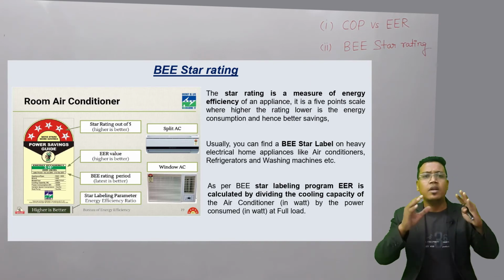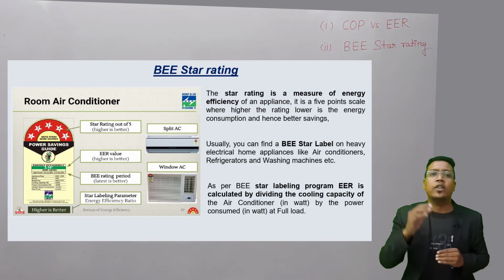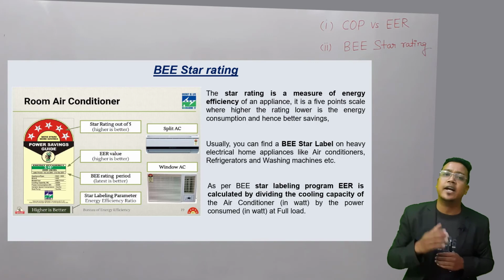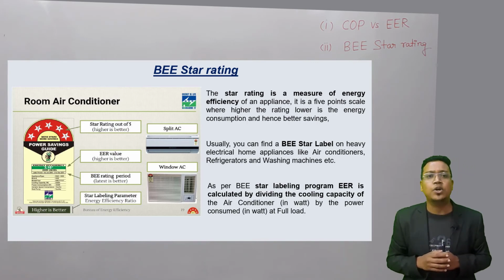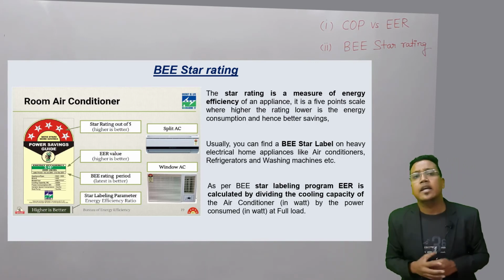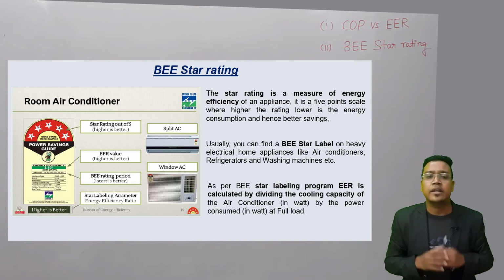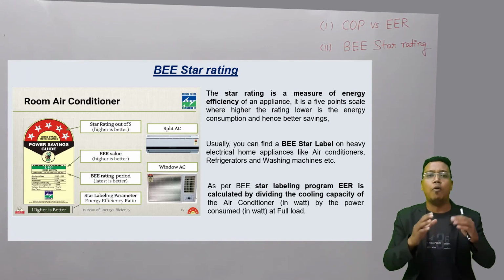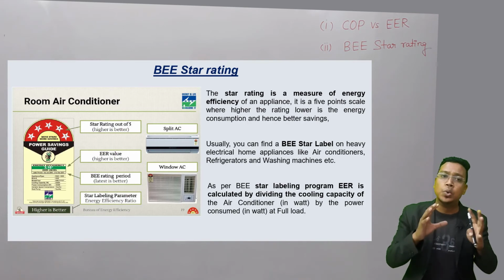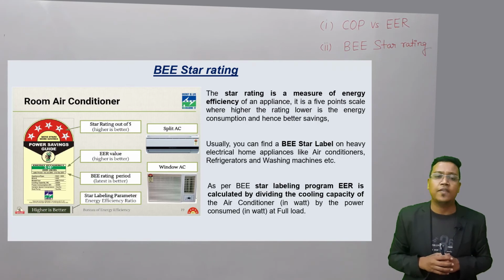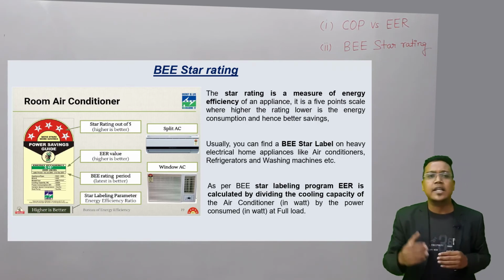There are many appliances on which star rating is done, like air conditioner, refrigerator, washing machine, etc. Understood? BEE is the Bureau of Energy Efficiency, a government organization which does all this labeling on equipment. And why are we doing this labeling?